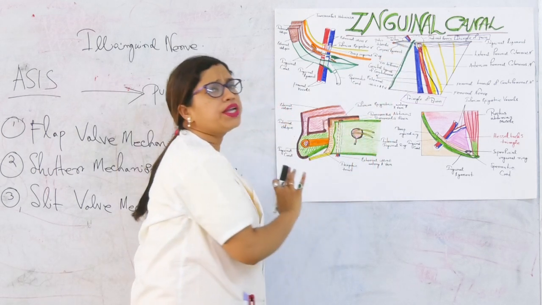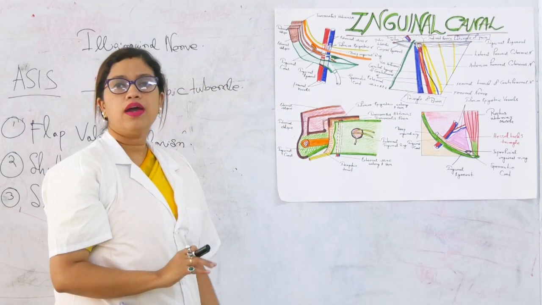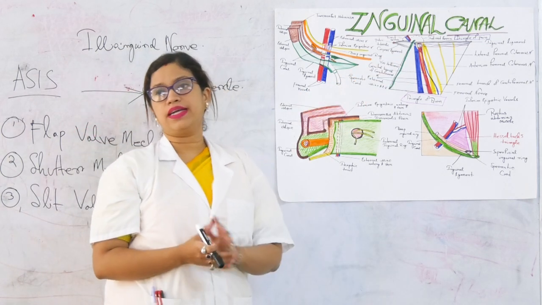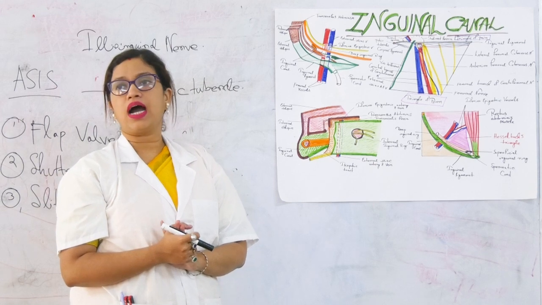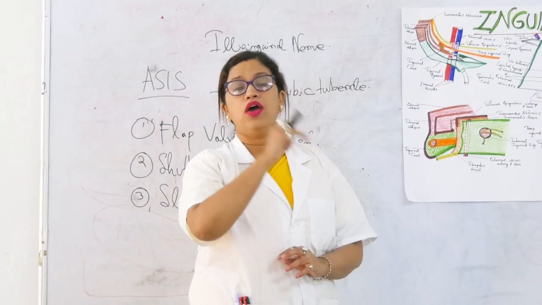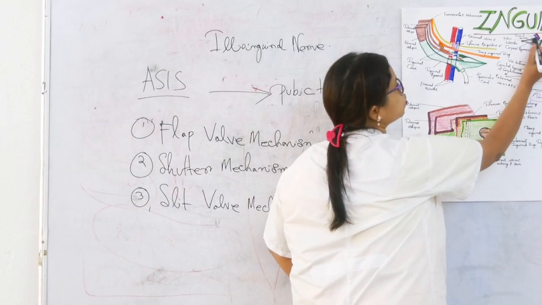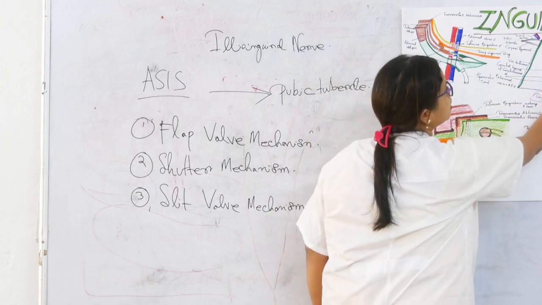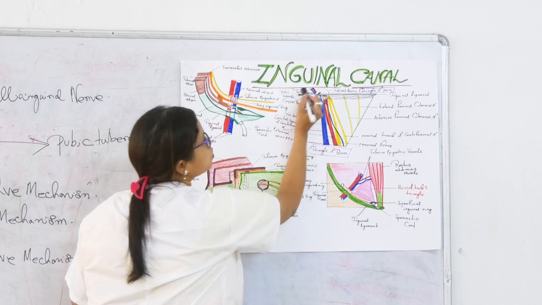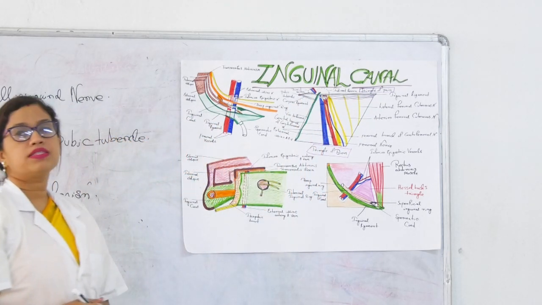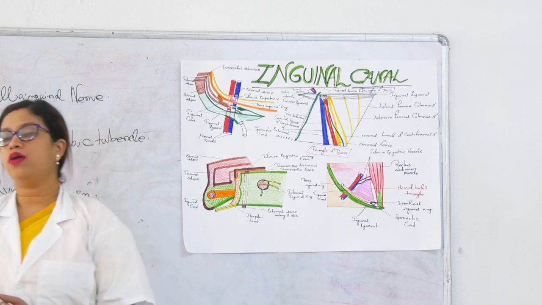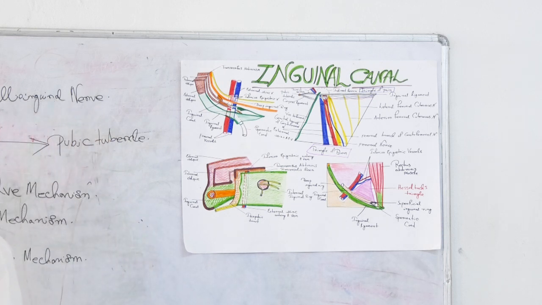Here you will get numerous ligaments. Inguinal ligament is one, then another one is Cooper's ligament. It is present at the pubic tubercle, from there you see there are two slits running towards the body, that is known as Cooper's ligament. What are the other ligaments you get? Write it down. Another one is the lacunar ligament.